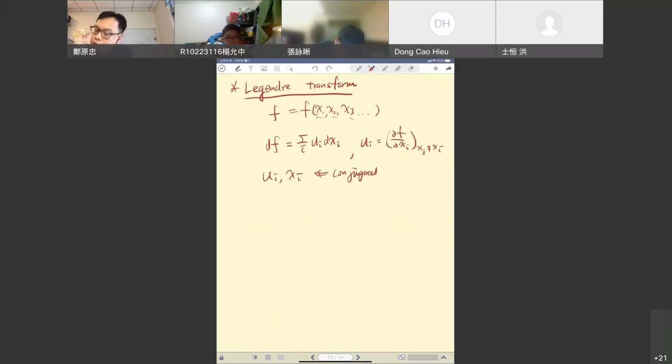Since they are conjugated, let's calculate the derivative of u_i s_i. From the chain rule, we know that the derivative of this is u_i ds_i plus s_i du_i, right?